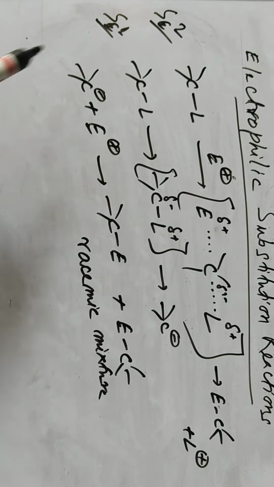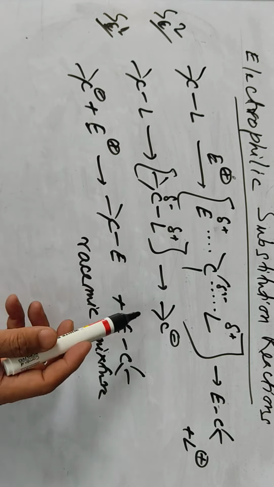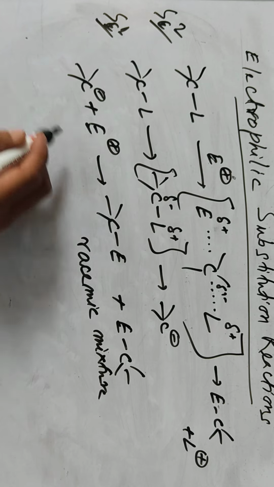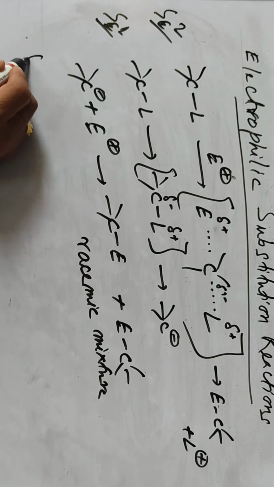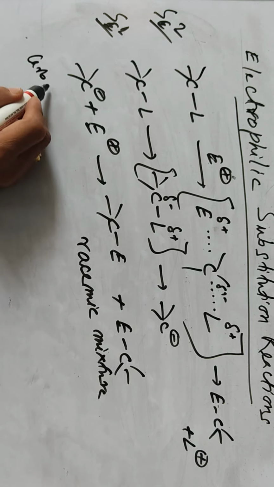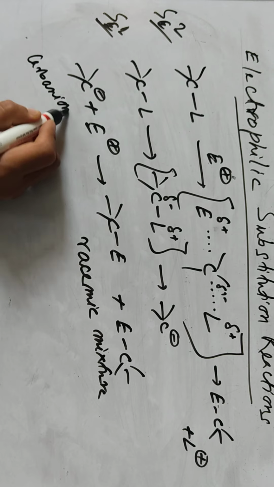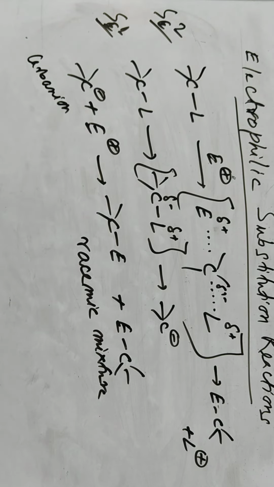But in the case of SE1, it takes place in two steps. First is the formation of a carbanion, then the carbanion is attacked by the electrophile. This is quite different from SN1, where carbocations form, but here in SE1 we get a carbanion.